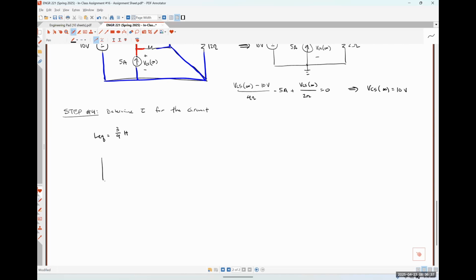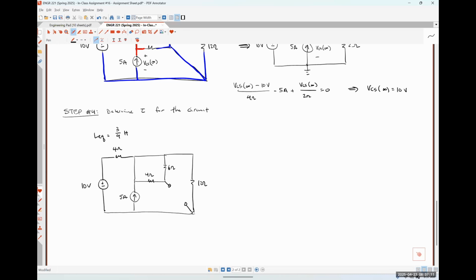So drawing my circuit, these terminals that I'm drawing right here are where my inductor was.